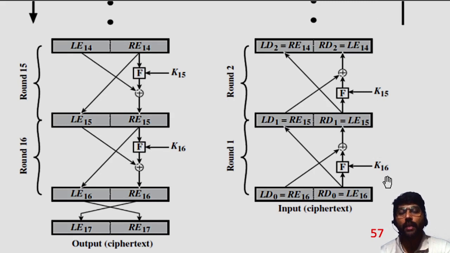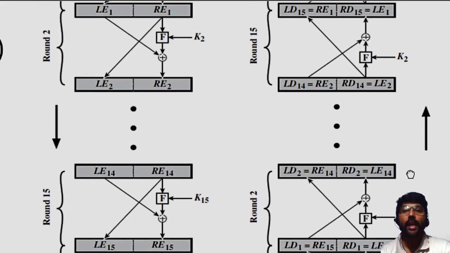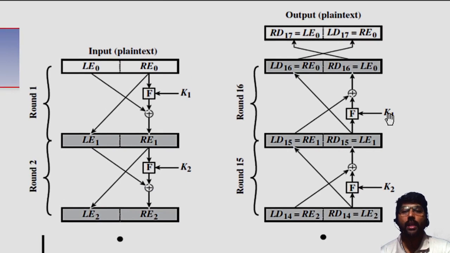First we give subkey K16, then K15, then K14, and lastly we give K1. Both encryption and decryption use the same type of technique, only the subkey given is different.